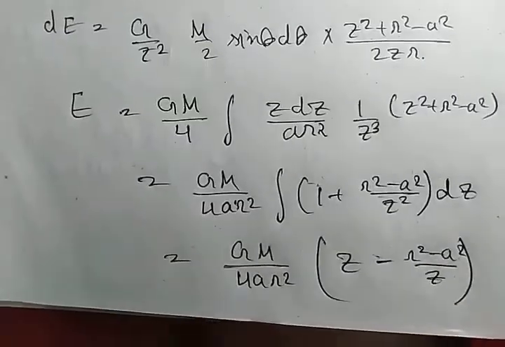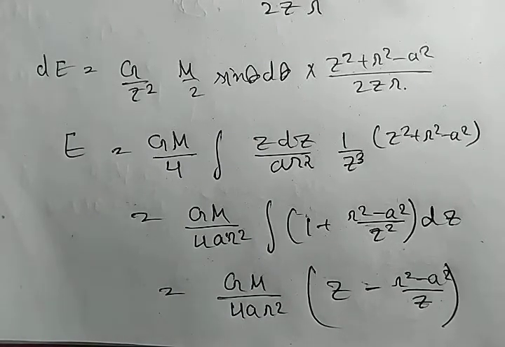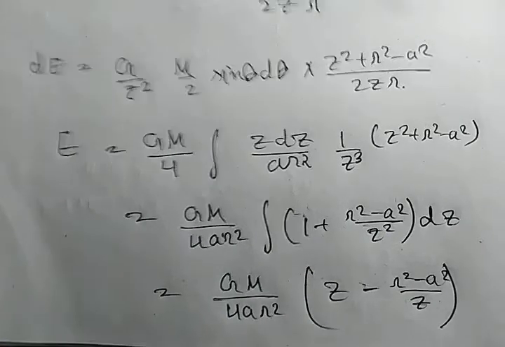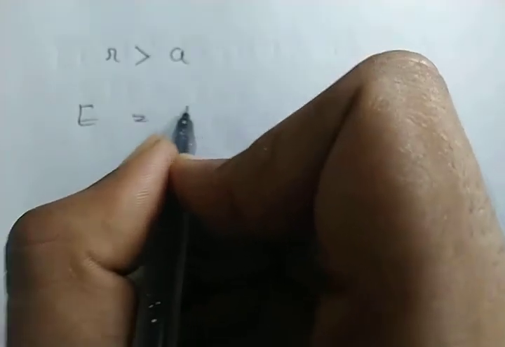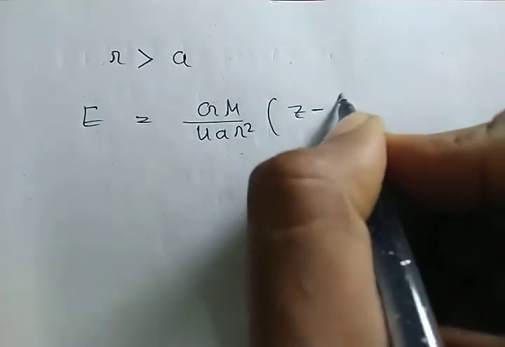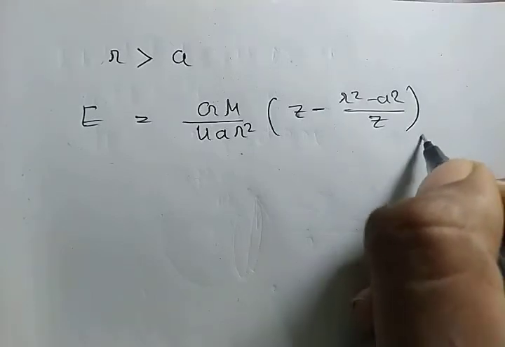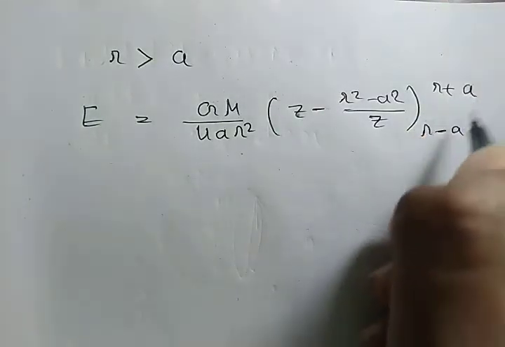Now we will need to put the limits, and upon putting the limits we will be finding the fields at different points relative to the spherical shell. First we consider that the point P is outside the shell, that is r greater than a. From the expression of the electric field we can write E equal to G M by 4a r square, z minus r square minus a square by z. The limit will be from r minus a to r plus a.